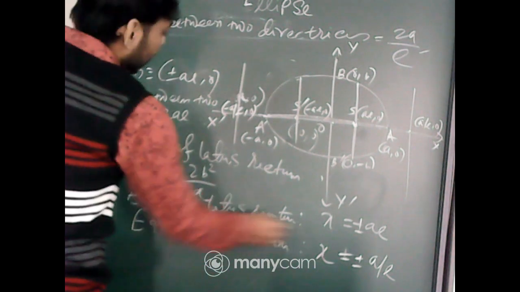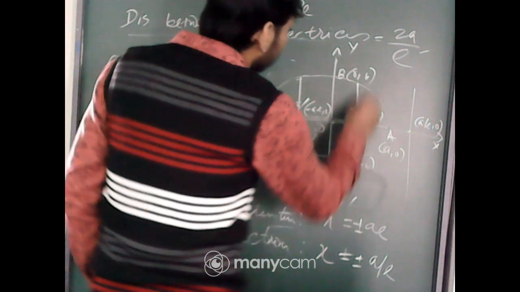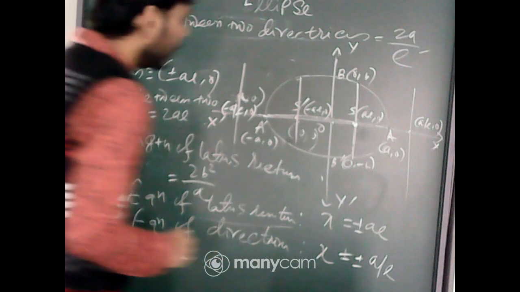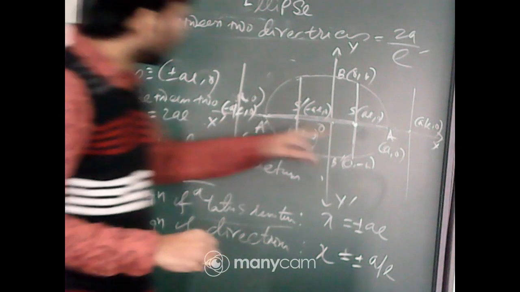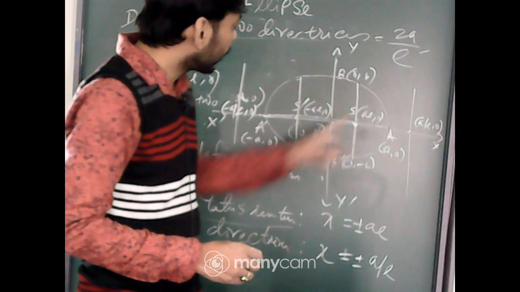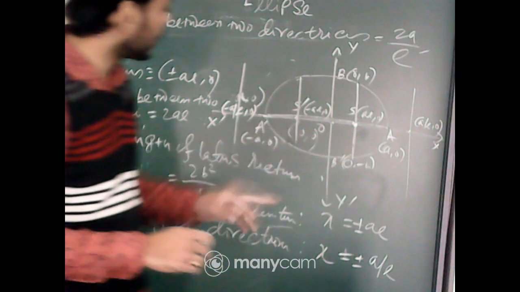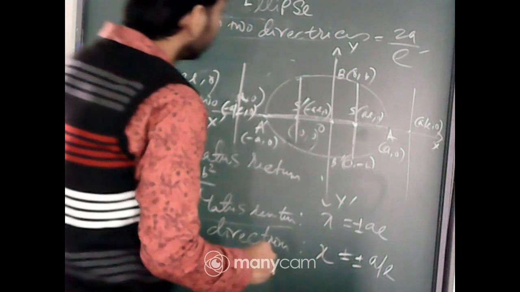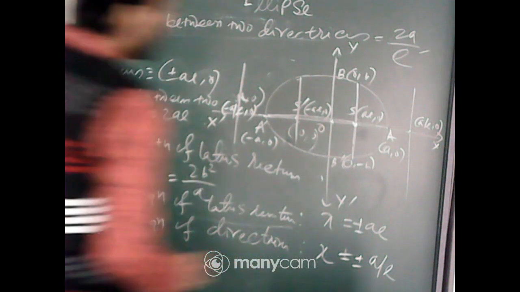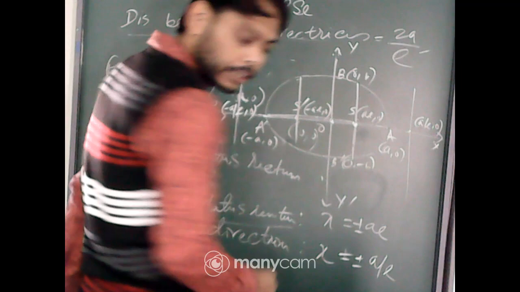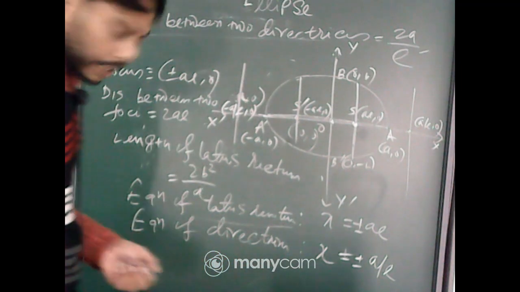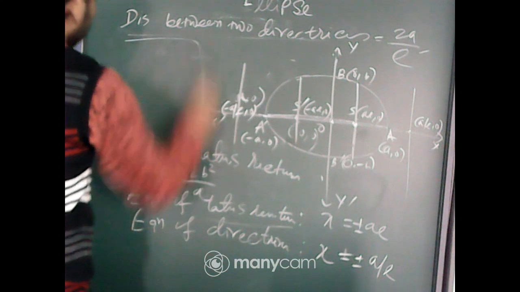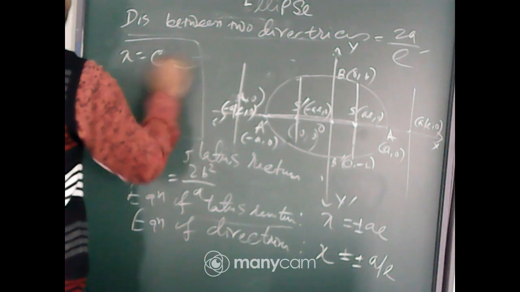Equation of latus rectum. Here latus rectum is the perpendicular chord passing through the focus. Now I told you earlier that the coordinate of focus is on the right hand side a comma 0, on the left hand side minus a comma 0. Now we know that a line parallel to y axis will be x equals to constant, x equals to c.